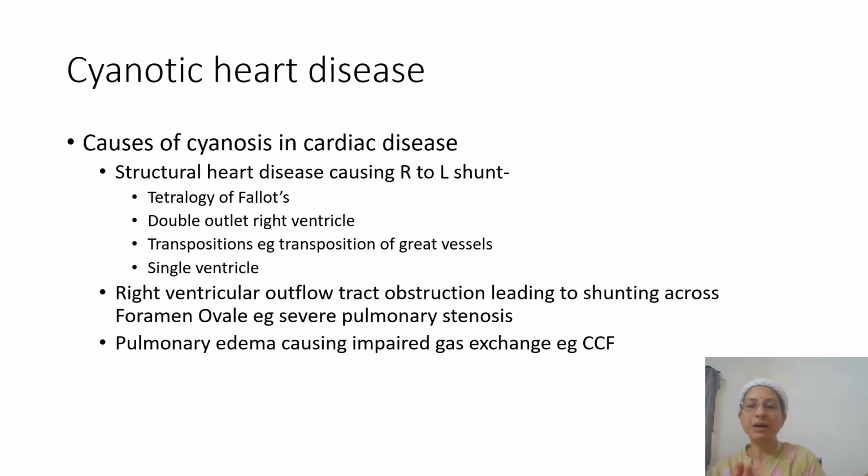In pulmonary edema, there is thickening of the alveolocapillary membrane. This alveolocapillary membrane is supposed to be very thin, in microns, so as to facilitate gas exchange to and fro. When it becomes thickened, there is a challenge to the effective gas exchange, resulting in cyanosis.